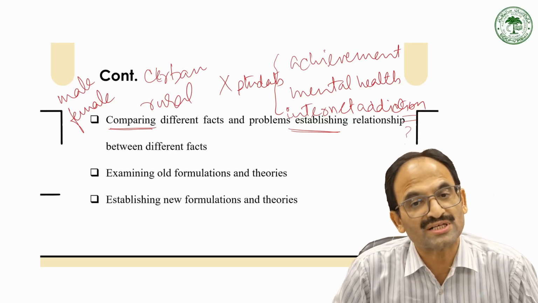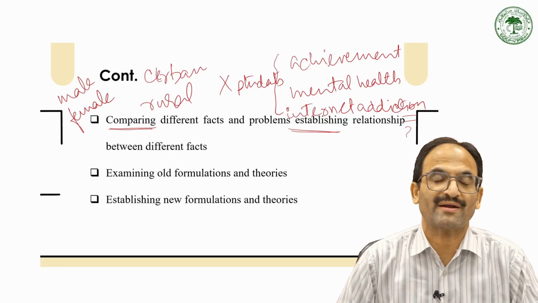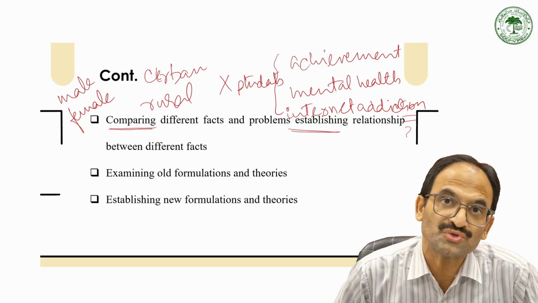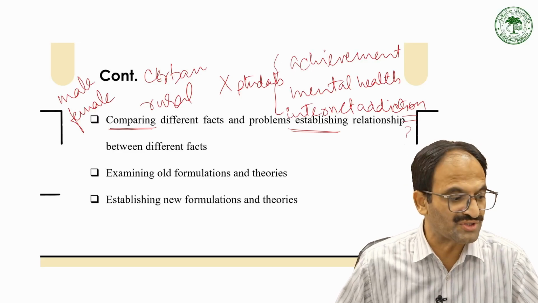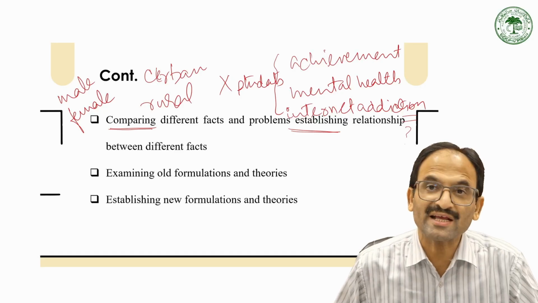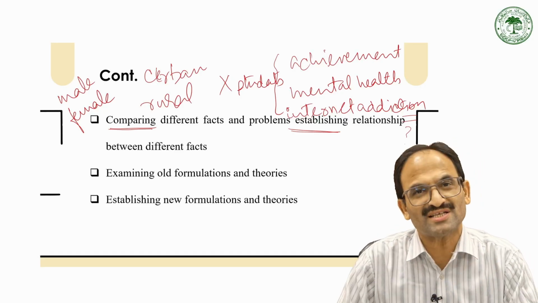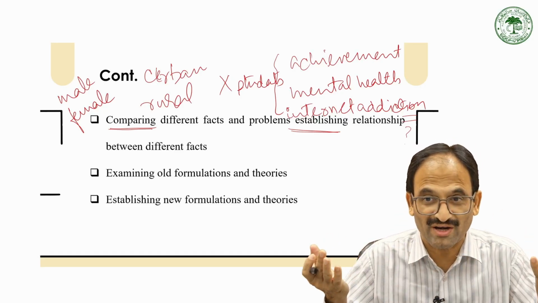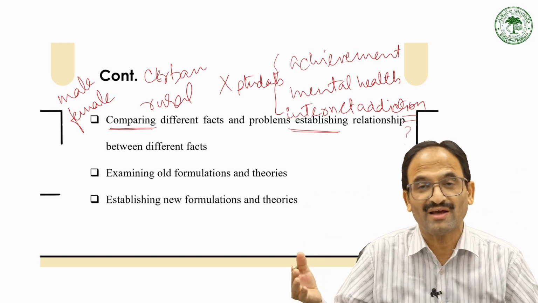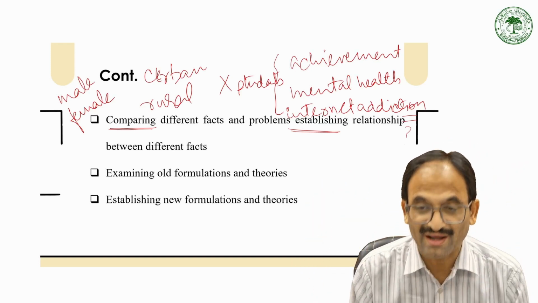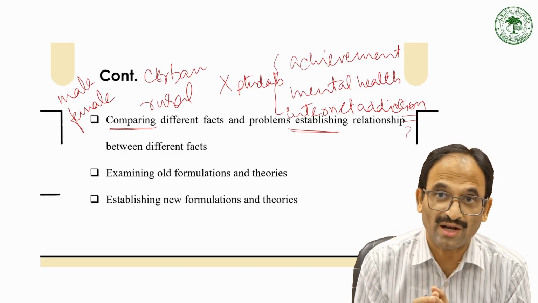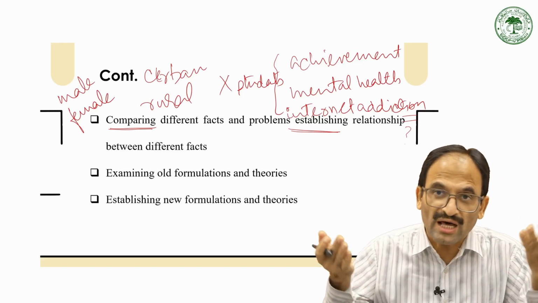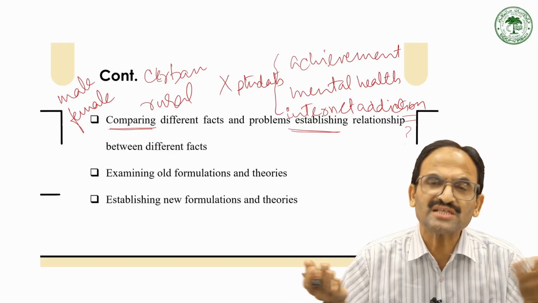Sometimes some policies are made by the government and the government wants to check the effectiveness of those policies. The government wants to check whether people are getting the fruit of those policies or not. With a lot of hard work these policies have been made, a lot of infrastructure has been made available, a lot of funding is there, but whether people are really benefited from that. Such type of situation.